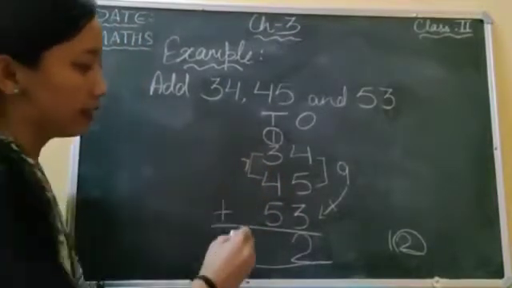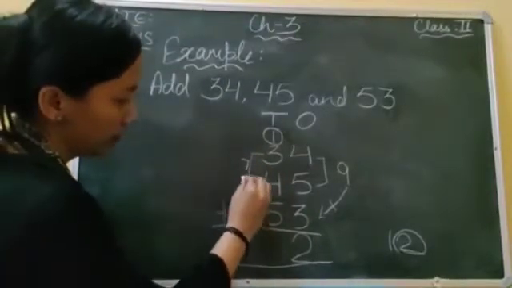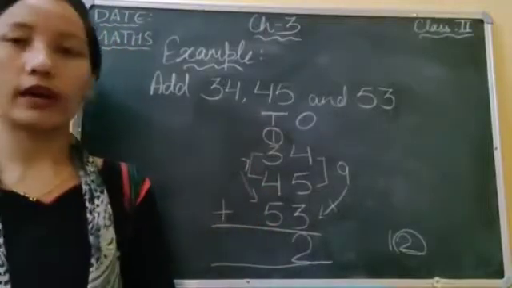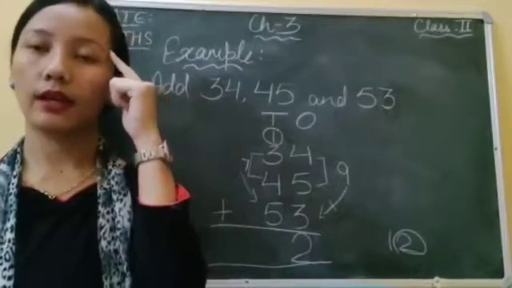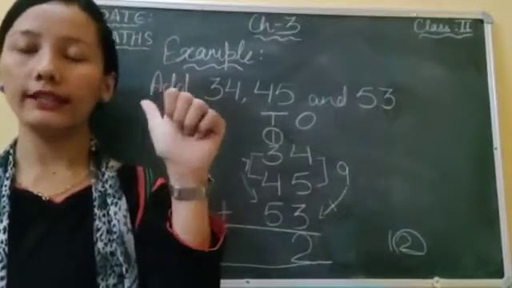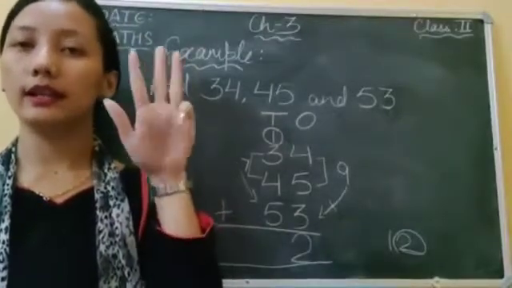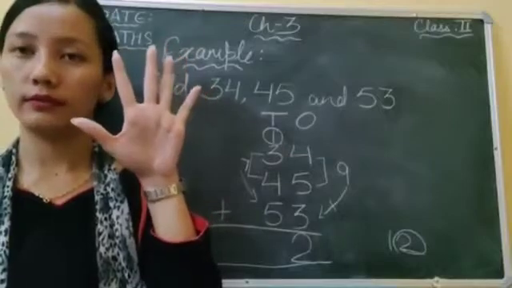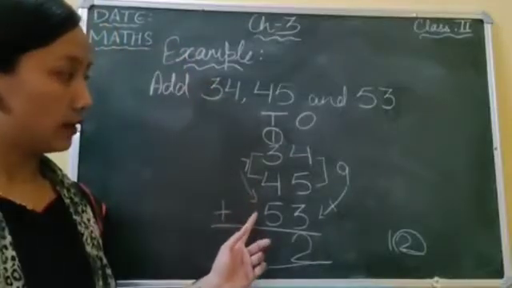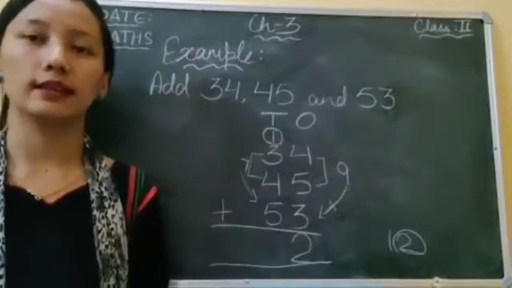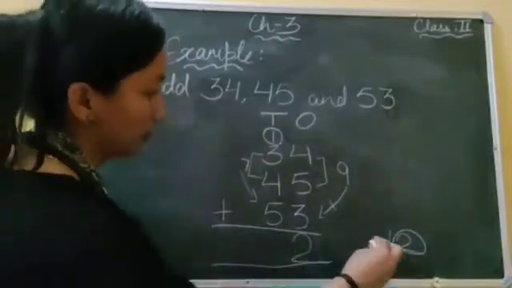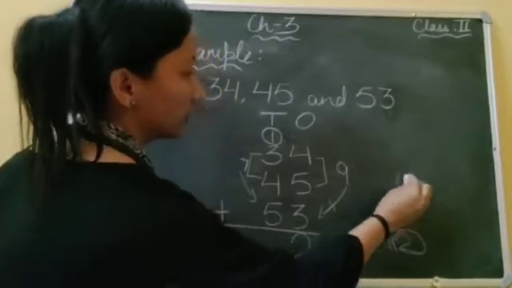Right? 7 plus 5. Keep the 7 in your head. Count to 5. 8, 9, 10, 11, 12. Right? And also plus 1. 12 plus 1. Yes, 13. So here we have 13.